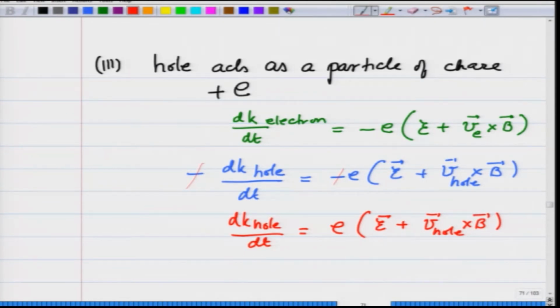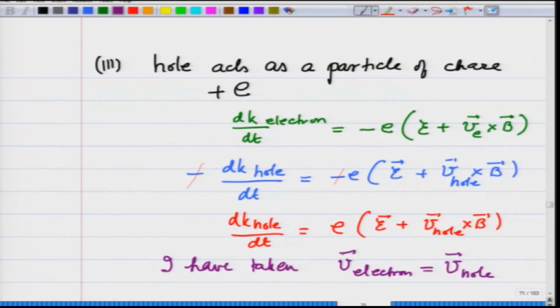If you are careful, you must have noticed that I have taken V missing electron to be equal to V hole in proving this. Let me show that next, I owe it to you.